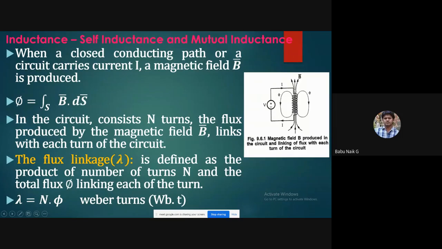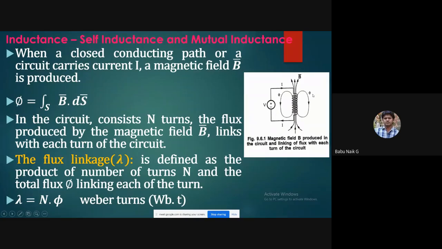Here the current carrying conductor is twisted as an inductor, and it produces that magnetic flux. The flux is the total surface integral of the magnetic field B bar dot dS over the surface area.